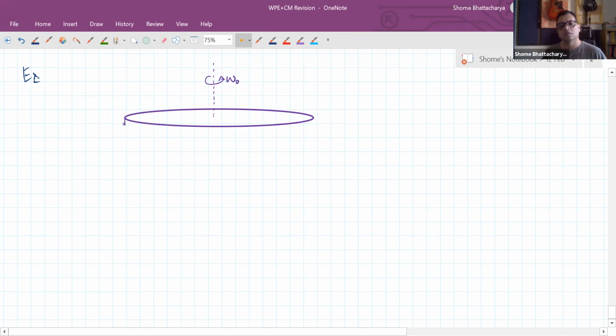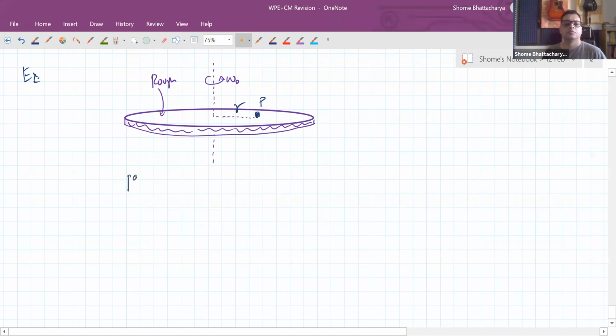This is like a disk which is spinning at a constant angular speed omega, and its surface is a rough surface, and there's a particle placed on it at a perpendicular distance r from the axis.